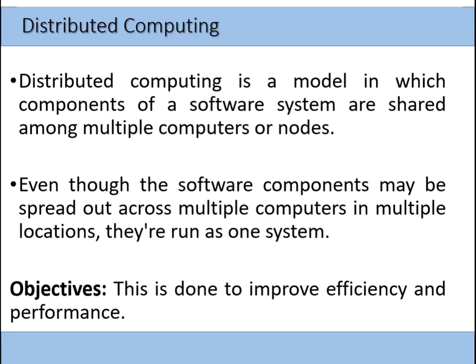Sometimes the task performed by one processor is slower, or one system is not efficient enough to execute one particular job. So we adopt a distributed computing environment. Either a single task is distributed or multiple tasks are distributed.